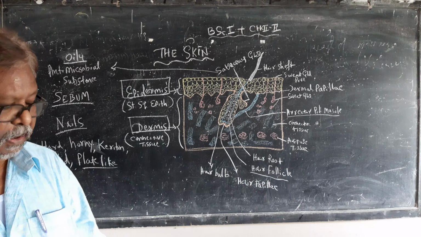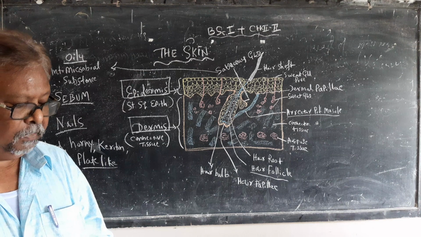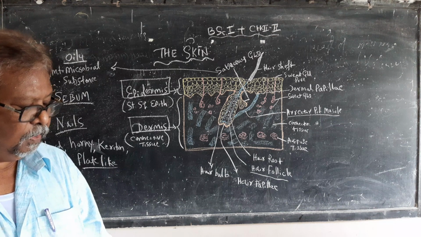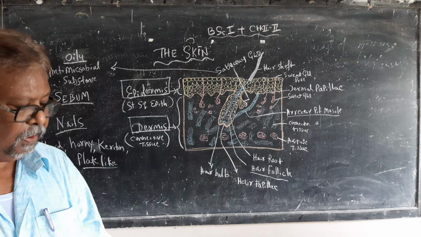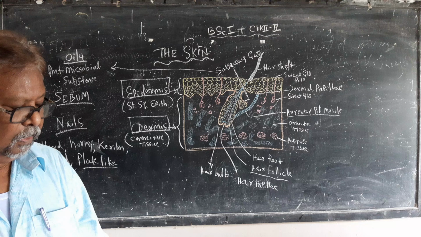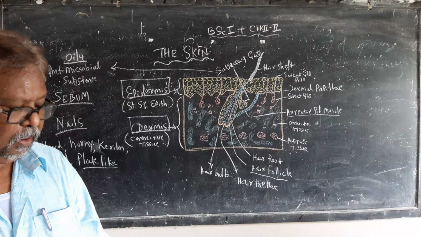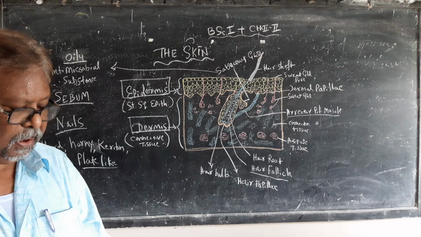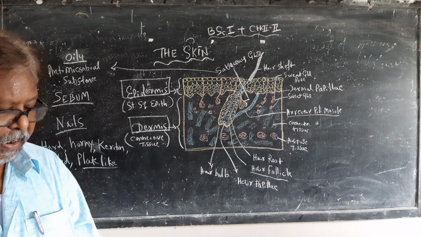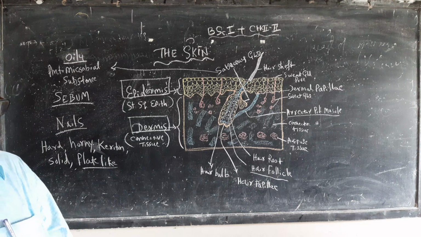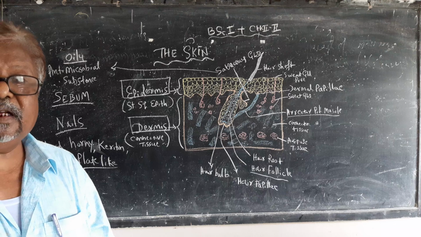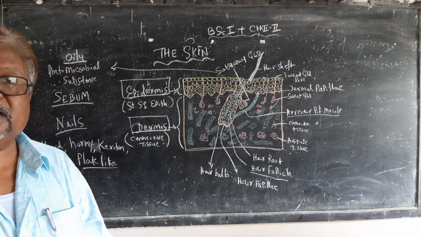Skin has that capacity. It has an absorption capacity for some drug molecules. Next point, it is a minor excretory organ for sodium in sweat, urea when kidney function is impaired, and aromatic substances like garlic and other spices. The skin is also an excretory organ.